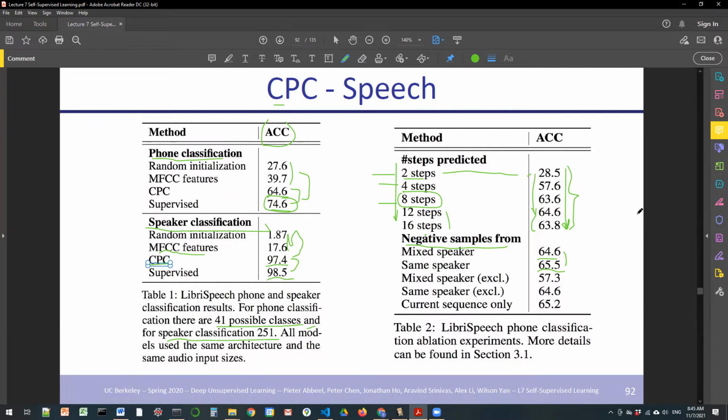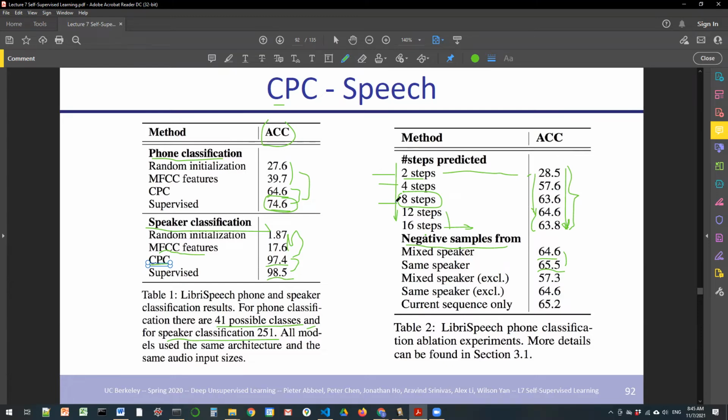But when you go too far out to where there's no longer any mutual information present between the time steps, let's say the 16th time step in audio waveforms compared to the case where you predict up to 12 time steps, then you begin to see a reduction in how good your embeddings are when you stick the classifier on top and try to make the prediction. Right.